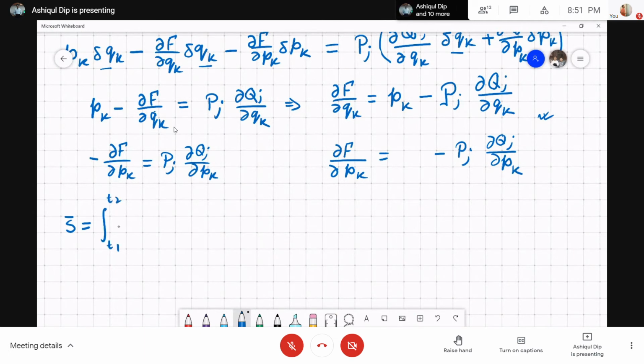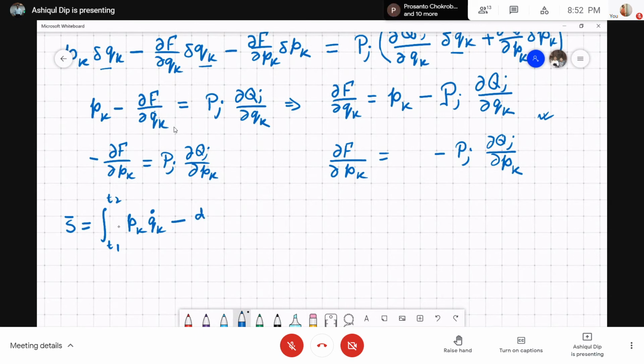I'm writing the full form: p_k q_k dot, minus, it was H, also then minus df over dt, right? So I'm writing the df over dt first, then I'm writing H. Actually, I should write the dependency explicitly as well.